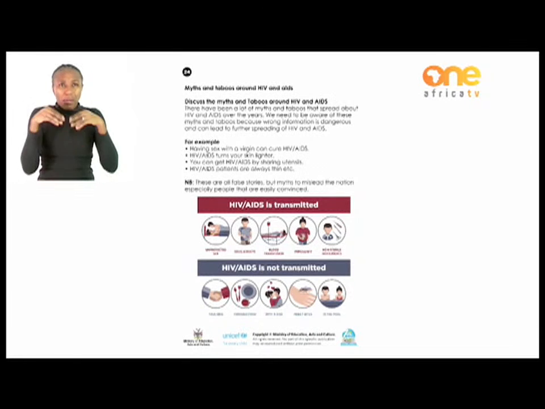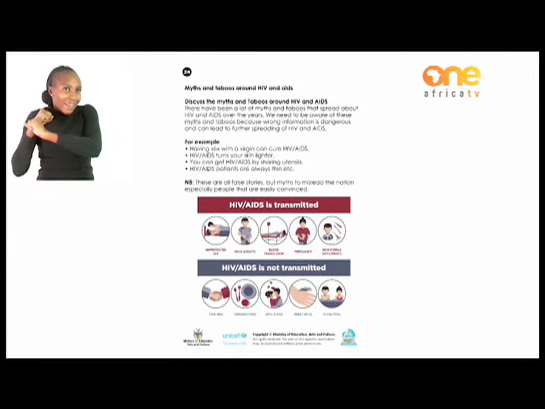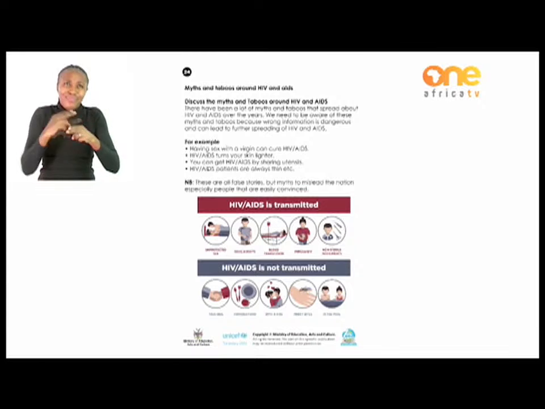Now let's look at some of the ways HIV/AIDS can be transmitted. Unprotected sex. When you practice unprotected sex, you are at risk of contracting HIV because bodily fluids are being exchanged. Drug addicts. During the use of drugs, this affects your brain, it alters your judgment, and lowers your decision making.